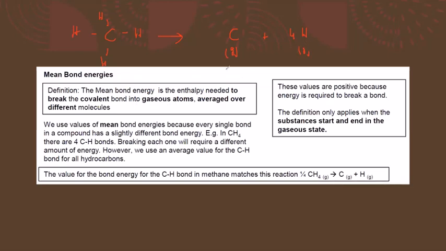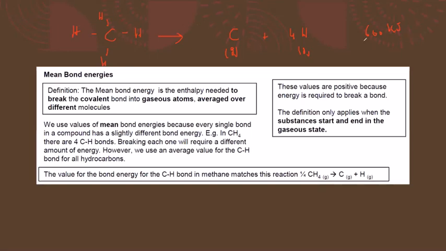So when we produce gaseous atoms by breaking the bond, the energy required to break the bond is averaged over the different molecules. Here, we are breaking 4 bonds. If the energy required is endothermic 600 kilojoules per mole, this is for 4 bonds.